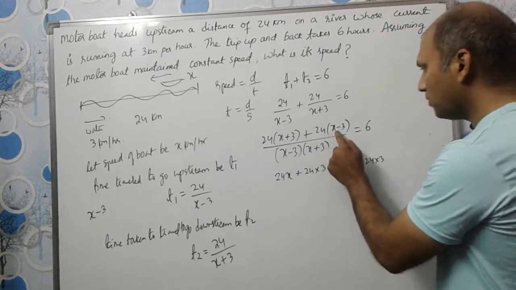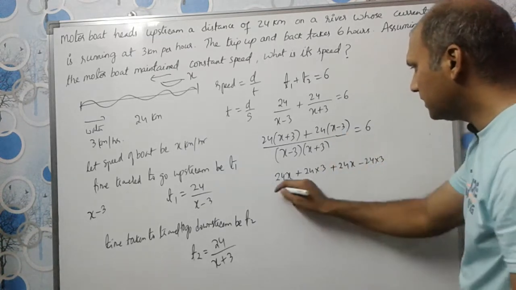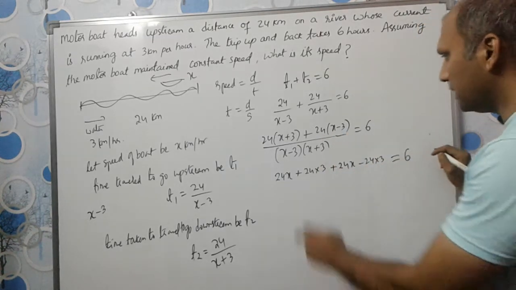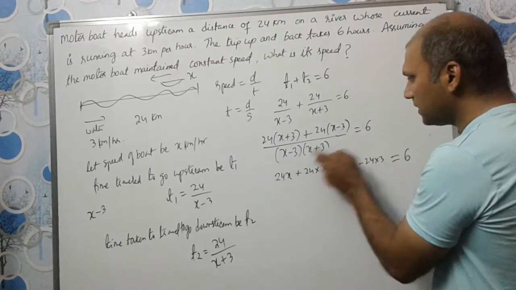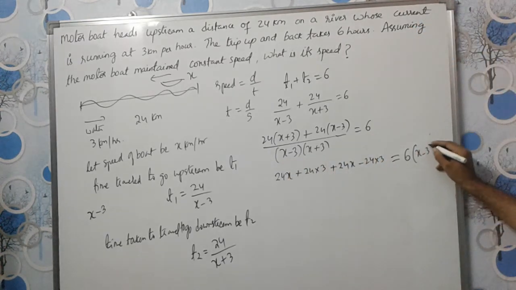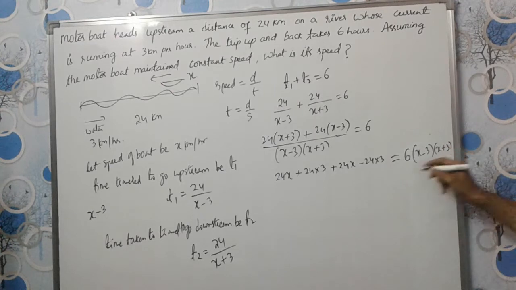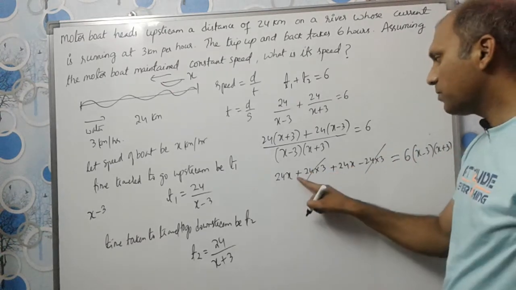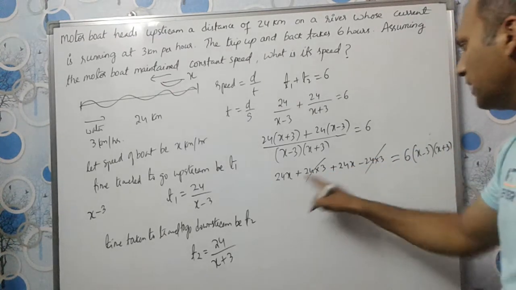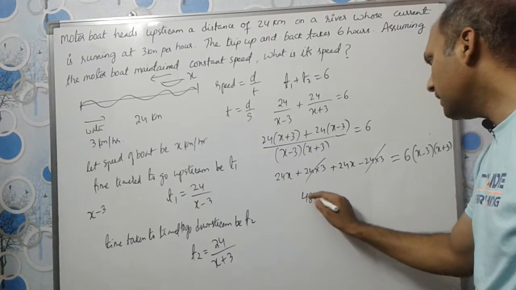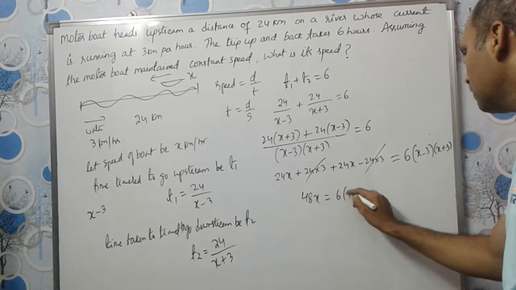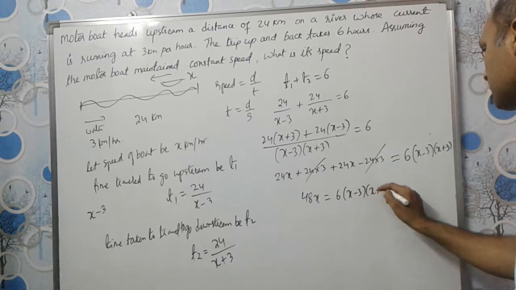Here also 24 multiplied by x, 24 multiplied by 3 is equal to 6 into this. I am sending on the other side, x minus 3, x plus 3. This 24 times 3 will get cancelled, right? 1 is plus, 1 is minus. 24 plus 24 is 48x is equal to 6 into x minus 3, x plus 3.